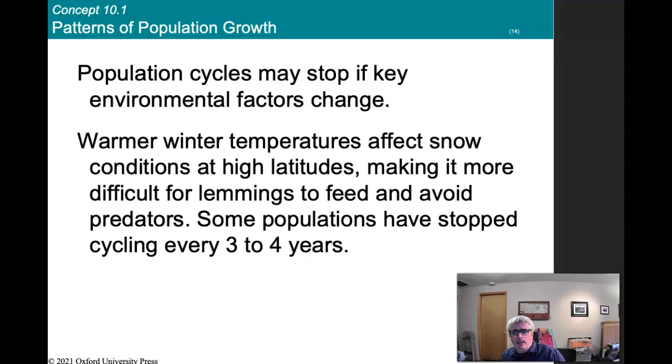So population cycles may stop if key environmental factors change. Warmer temperatures affect snow conditions at high latitudes, making it more difficult for lemmings to feed and avoid predators. And some populations have stopped cycling every 4 years.